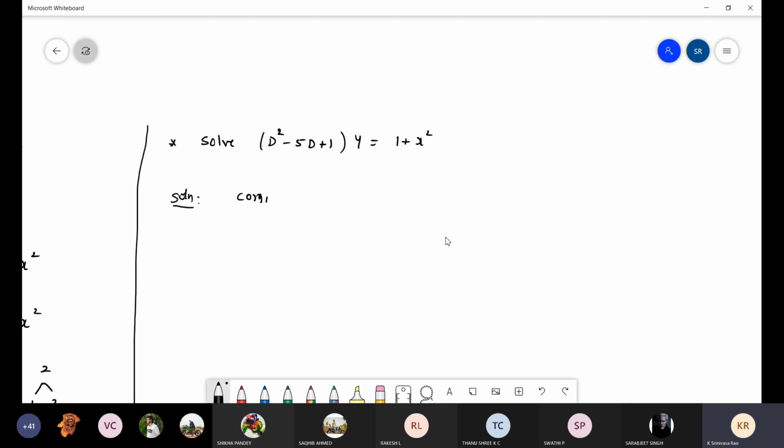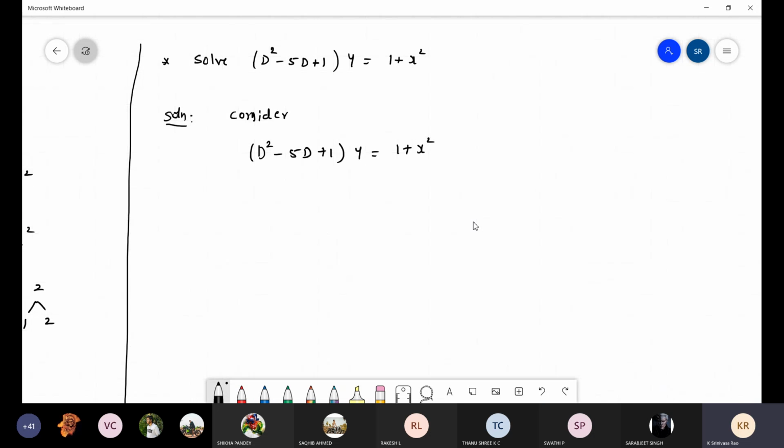So consider (d square minus 5d plus 1) y equals 1 plus x square. Okay, so using operator d, sorry, auxiliary equation, m square minus 5m plus 1 equal to 0.